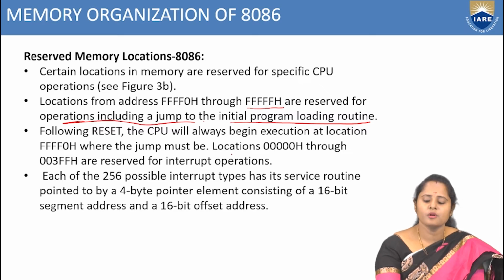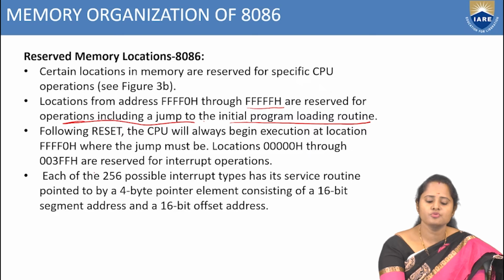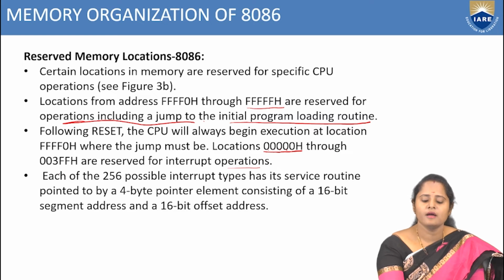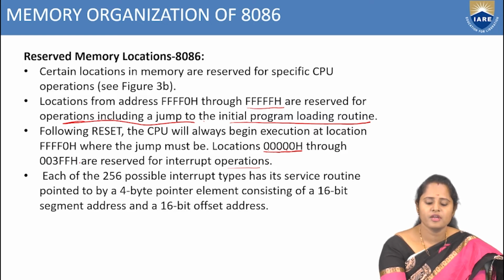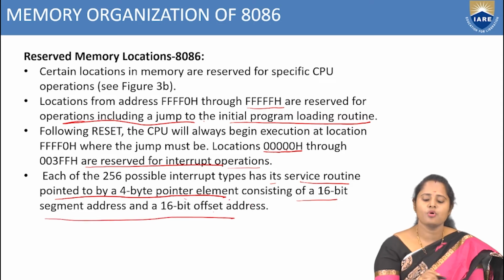And locations from 00000H through 003FFH are reserved for interrupt operation. Each of the 256 interrupt types has its service routine pointed to by a 4-byte pointer element consisting of a 16-bit segment address and a 16-bit offset address.